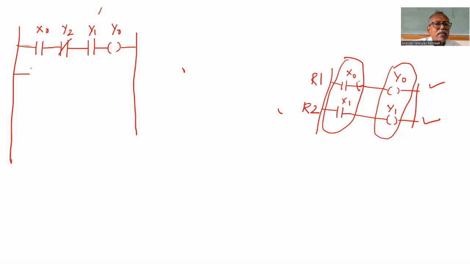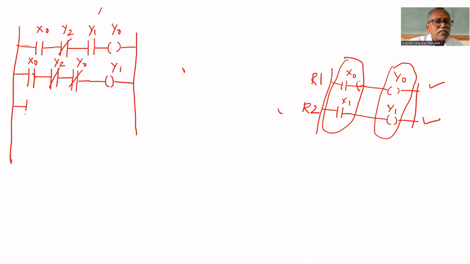In the second rung, X0 is also there as the input, then Y2 normally closed, Y0 also normally closed, and Y1.